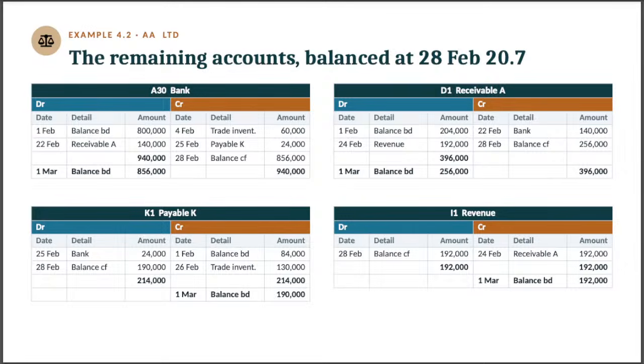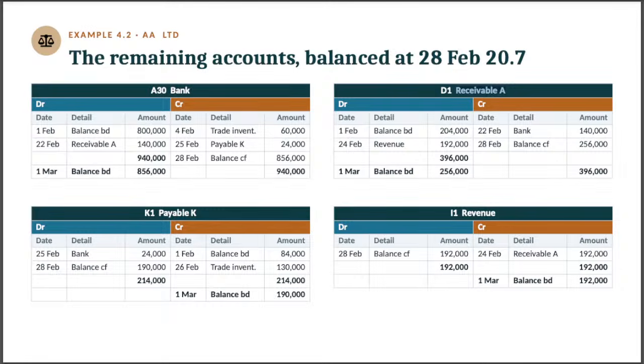So on March 1st, we're starting our balance down with 856,000. And of course, we add up, we can see here 940,000, 940,000. These all even out. So by bringing in that balance, this allows us to balance out the whole equation. All right, we know nothing's left behind.